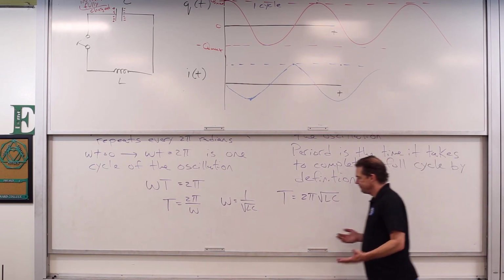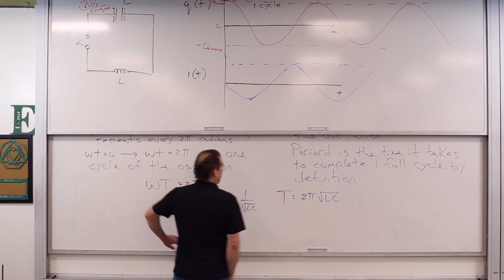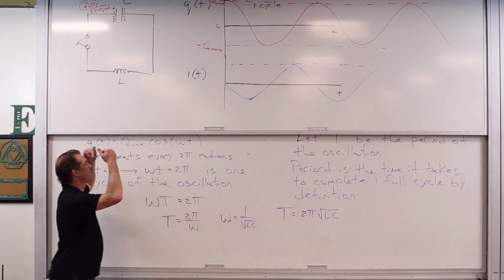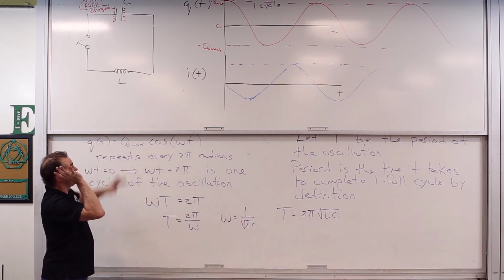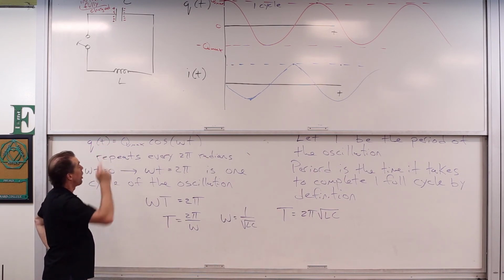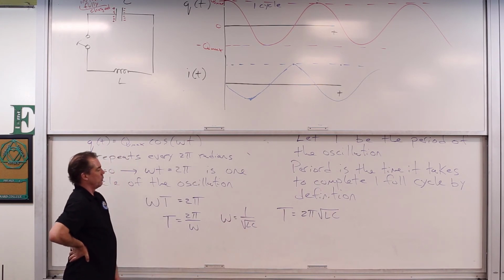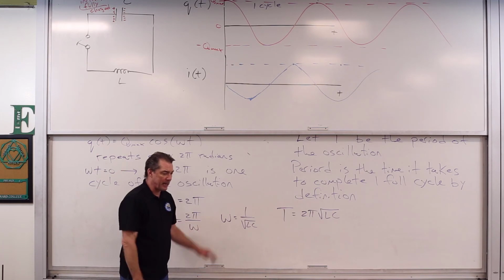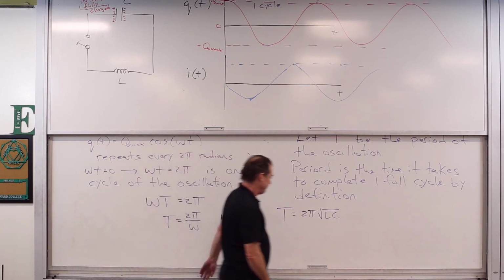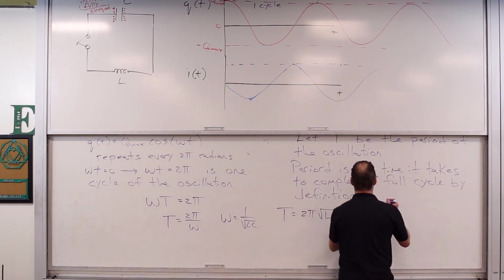And this is what we were really after. We're after both the sinusoidal behavior of the current and the charge accumulation, and we're able to extract what the actual time correlation with one full cycle is. Consequently, omega is generally called the angular frequency.